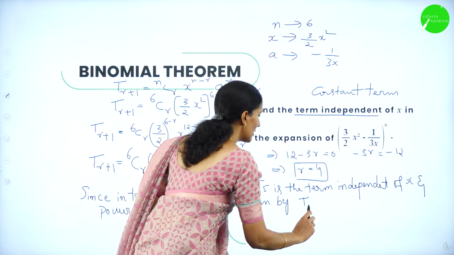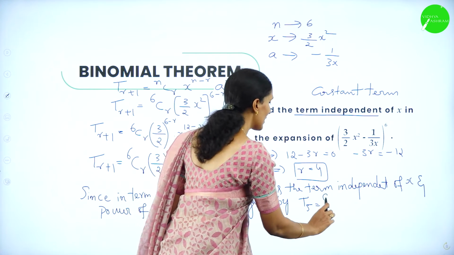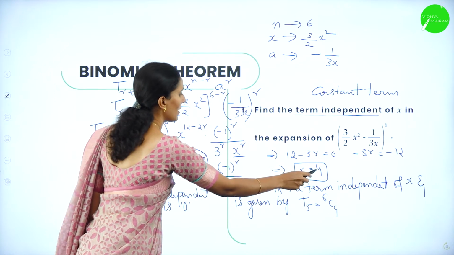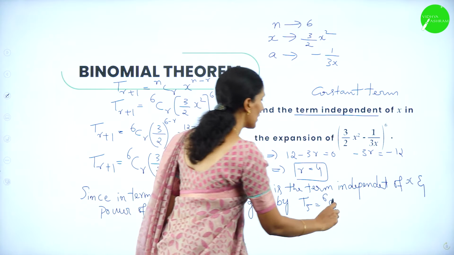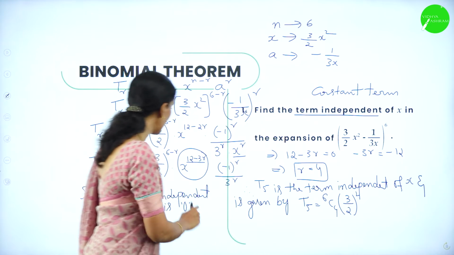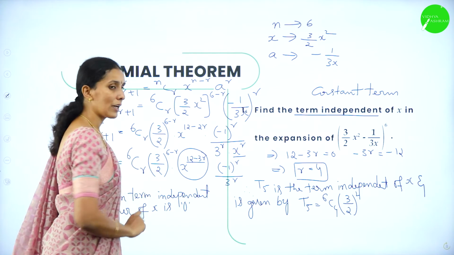So, T5 = 6C4. Here you have 6 - r, 6 - 4 is 2. So, this becomes (3/2)^2. And here don't write x because the power is 0, so its value becomes 1.